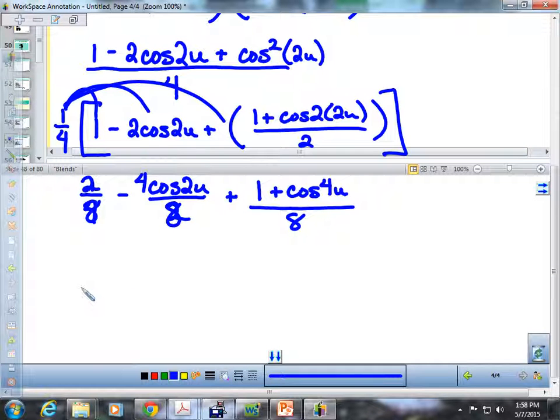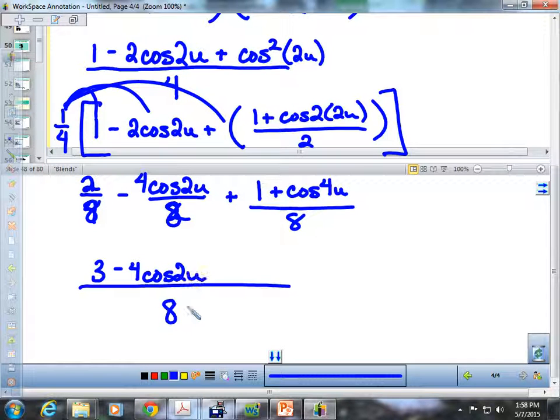What is our denominator now for everything? 8. What is 2 plus 1? 3 minus 4 cosine 2u plus cosine 4u. We were done right here, folks. We no longer have a power greater than 1.